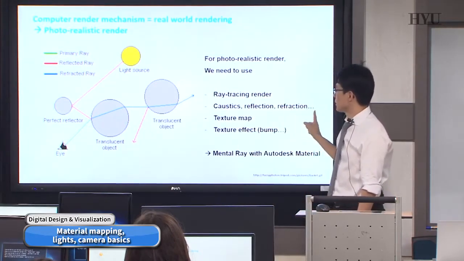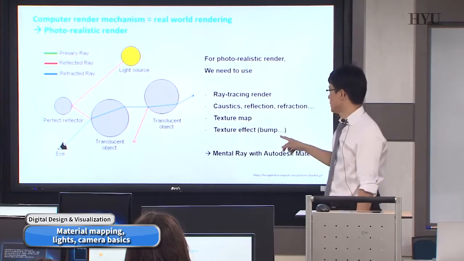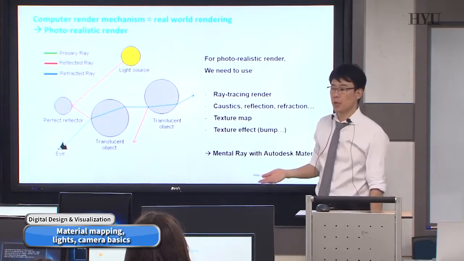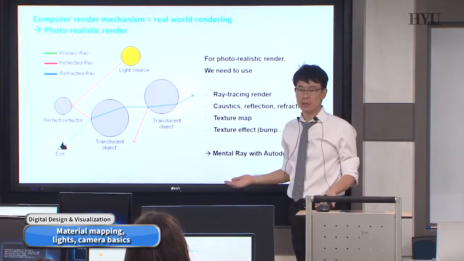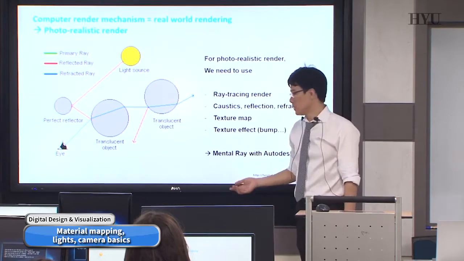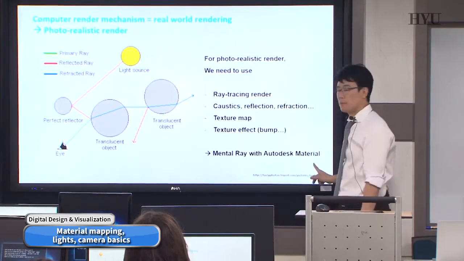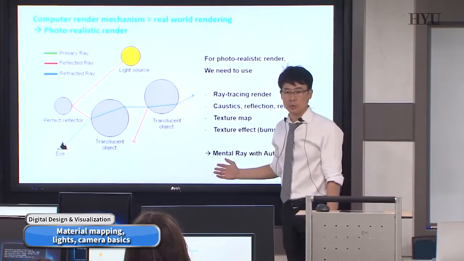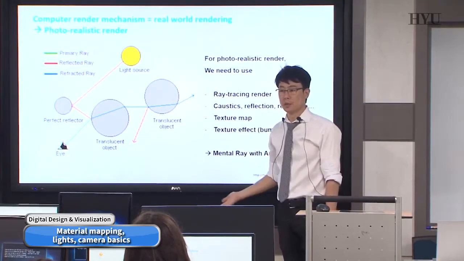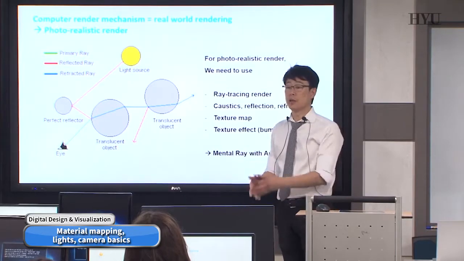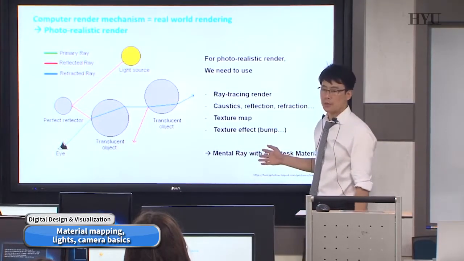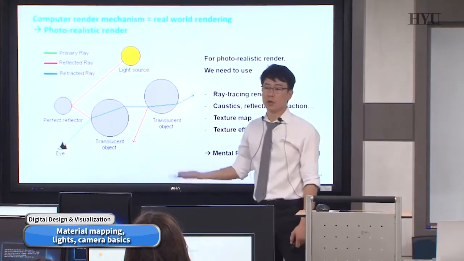Caustics, reflection, refraction, texture map, texture effect, bump map, displace map, there are an amount of techniques you have to use in order to get a very realistic image. But thankfully, mental ray with Autodesk material in 3ds Max, they are all default, okay? Already implemented and embedded. It's ready to use, okay?